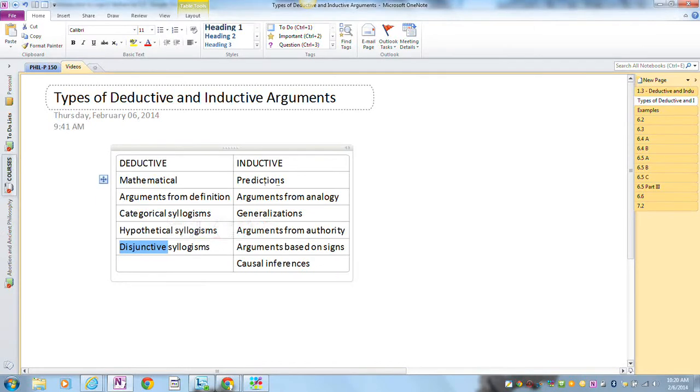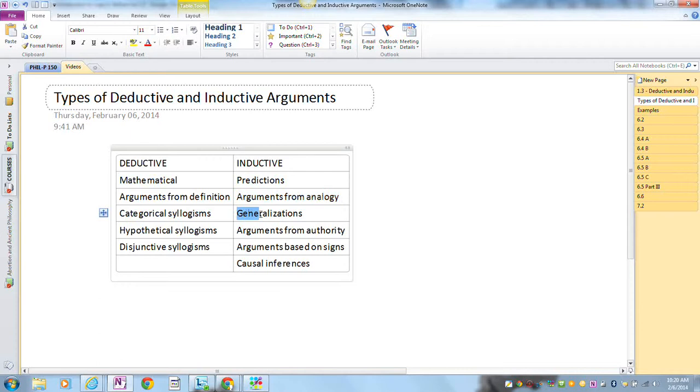Whereas inductive reasoning is about establishing the conclusion with a certain degree of probability, like we said. So when you make predictions based on the information that you have, you're reasoning inductively. When you're using analogies, when you're saying that two things are similar, so what is true of the first is probably true of the second as well, that's an inductive argument.